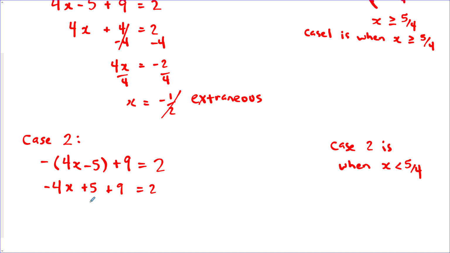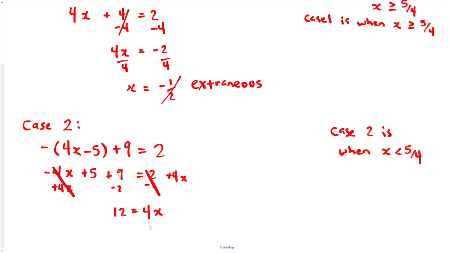Let's add 4x on this side, add 4x on this side, -2 on this side, -2 on this side. And this will give us 12 equals 4x. Divide by 4 on both sides here. And we get x equals 3.